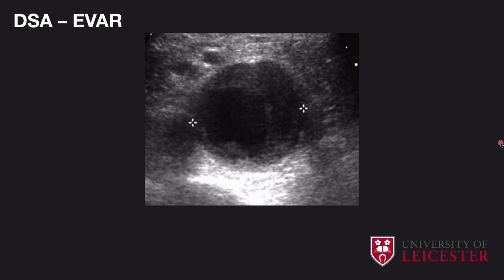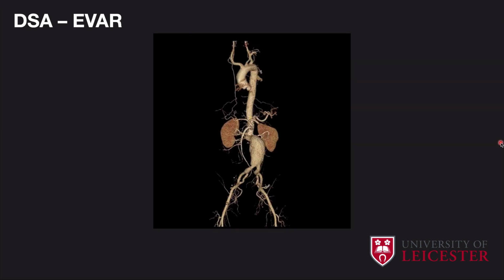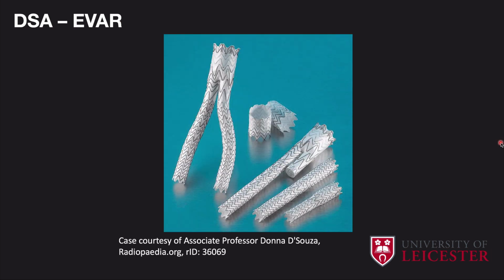Finally, do you remember the very first image that we looked at of the aortic aneurysm? Then we looked at the CT of the aortic aneurysm. Now we can look at ways of treating it by means of an endovascular aneurysm repair, or EVAR for short.